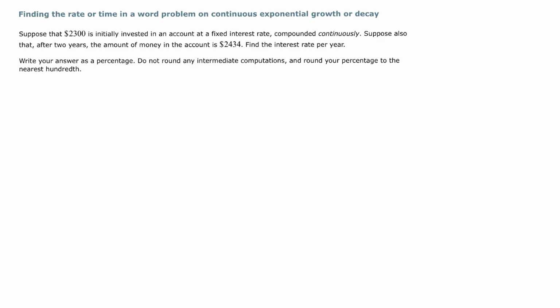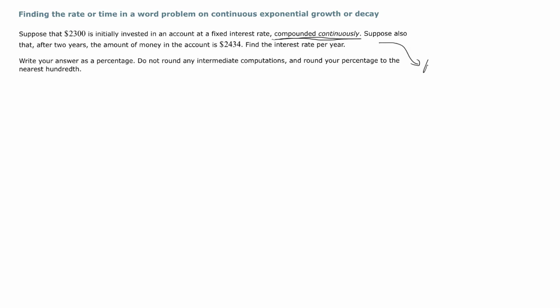This is a continuous exponential growth. And we want to grow this account that started with $2,300 to $2,434 after 2 years. First thing we're going to do is write the formula or write the mathematical model that corresponds to these vocabulary words.